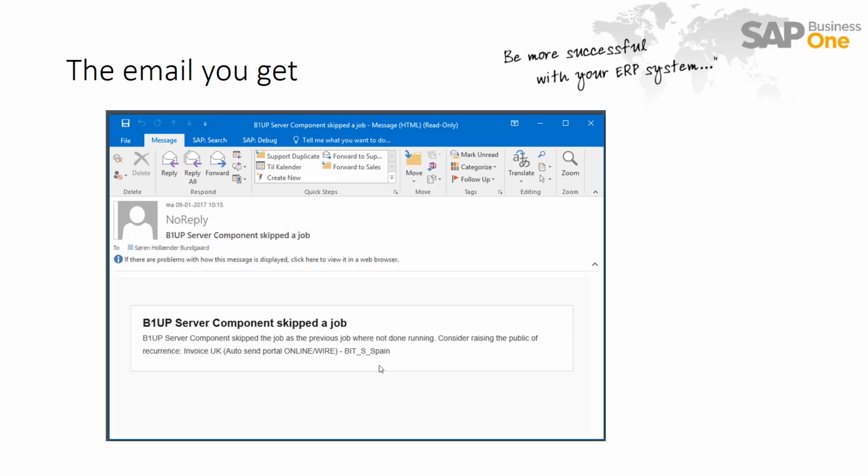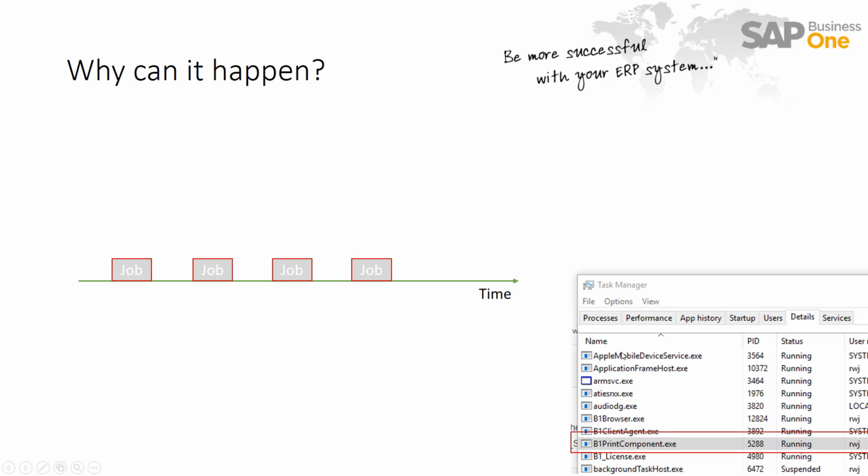So this is what you see from the server component, and then it might run continually again and perhaps come again. So what's it all about and why can it happen? Well, when you set up a schedule, you essentially set up some scheduled jobs, and that can be sending out all the uninvoiced or unsent invoices and so on.